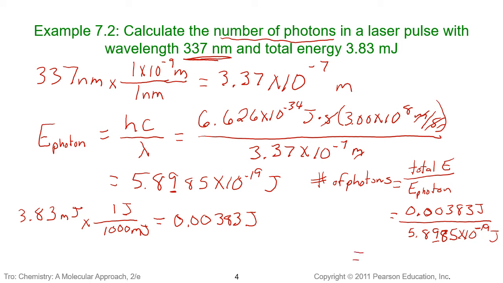And so we see that for this particular laser pulse, we have 6.49 times 10 to the 15th photons. So quite a few photons for even a fairly low energy laser pulse.